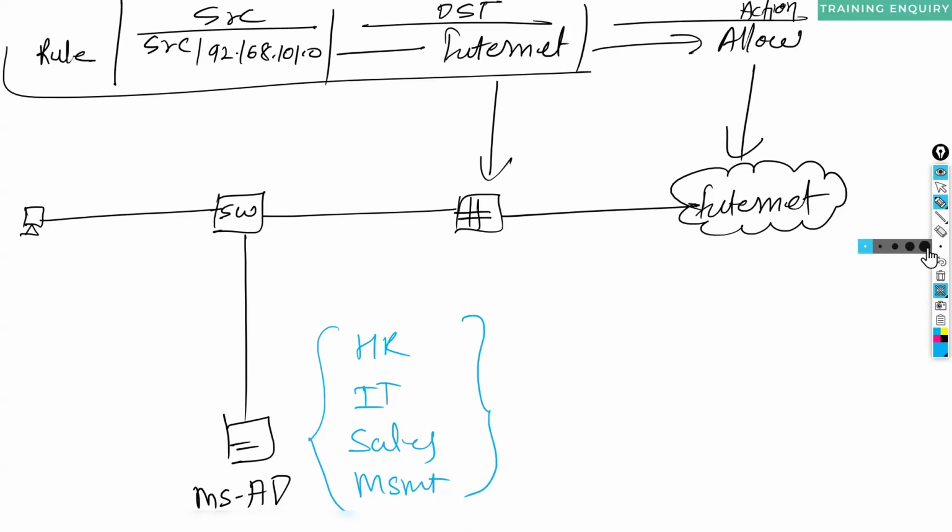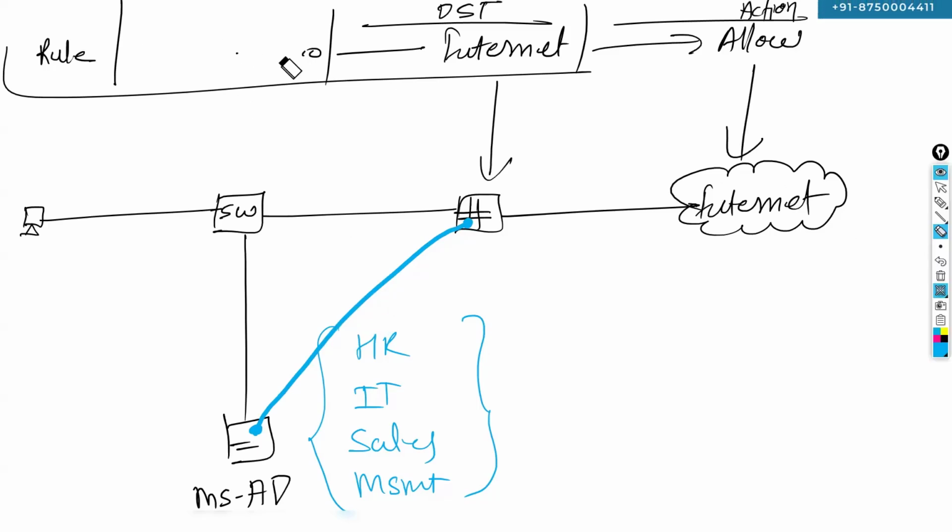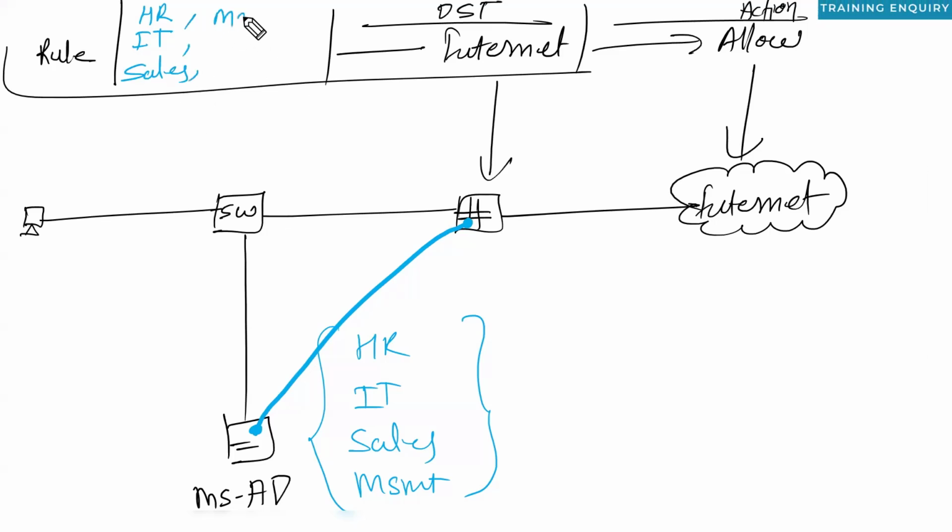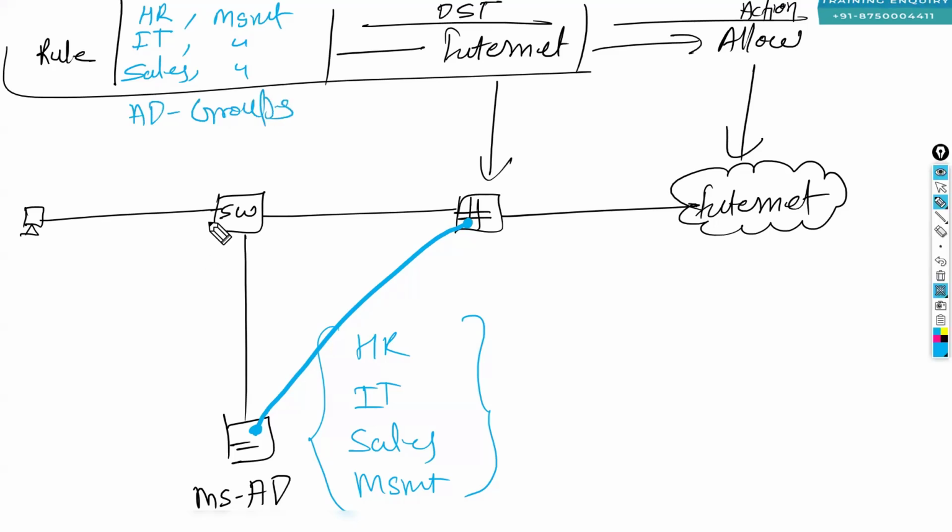We want this group information to be synchronized with the Checkpoint gateway, and in place of the source address, we want to define that if the user belongs to HR, IT, sales, or management, these AD groups, and they are going to the internet, that should be allowed.